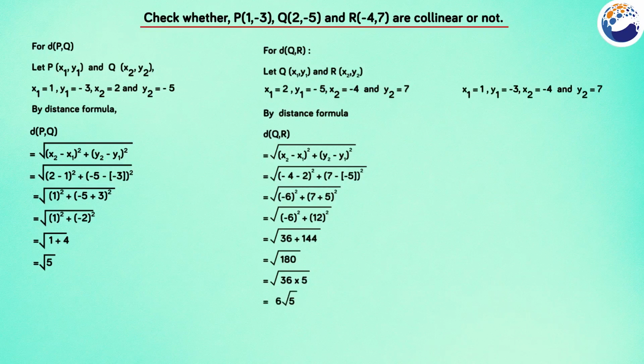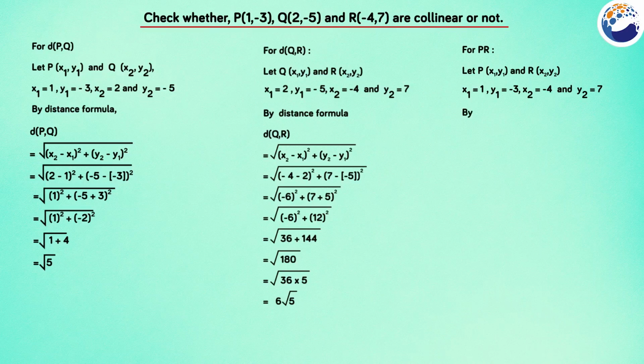Now for distance PR, let coordinates of P be x1, y1 and R be x2, y2. x1 is equal to 1, y1 is equal to minus 3, x2 is equal to minus 4, y2 is equal to 7.